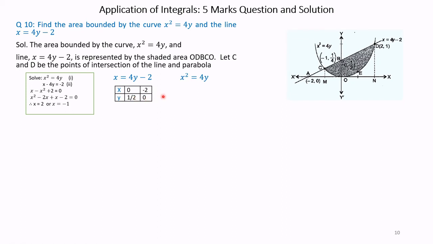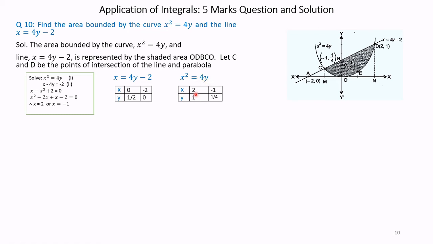The next is we will find the points on the parabola. Here we will use the values of x calculated in the previous quadratic equation, that is x is equal to 2 or x is equal to minus 1. When we take x is equal to 2, this equation becomes 2 into 2, 4, is equal to 4y, or y is equal to 1.